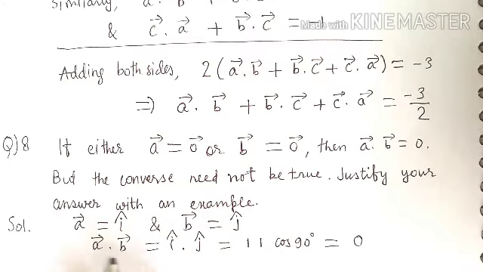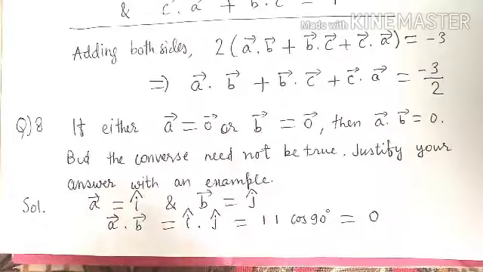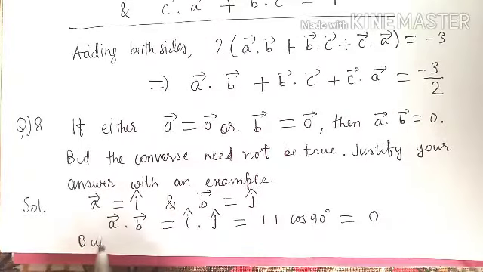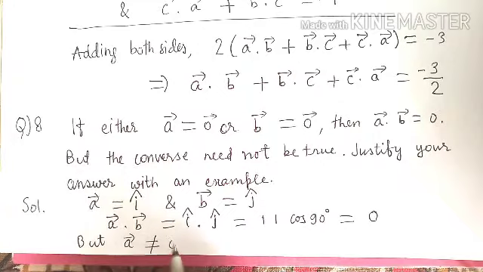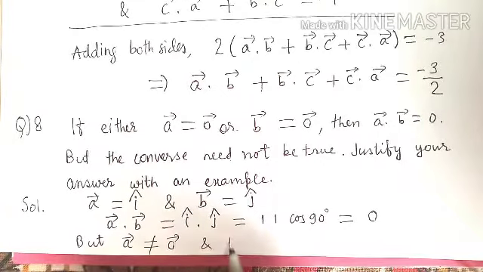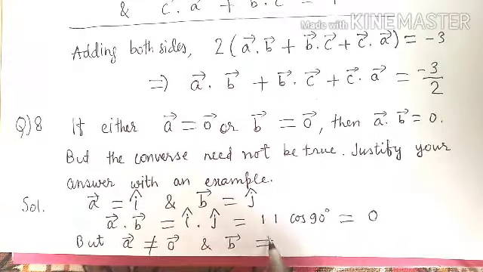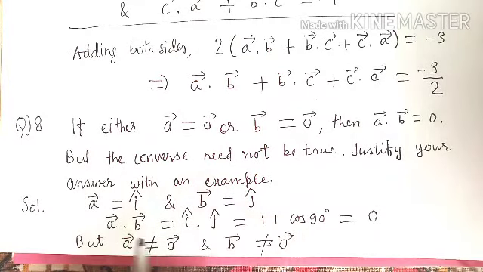So vector A dot vector B is equal to 0, but vector A is not equal to 0 vector, and vector B is not equal to 0 vector. Here they are i cap and j cap.